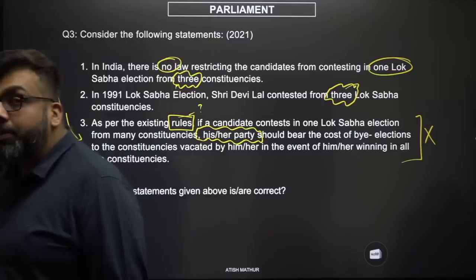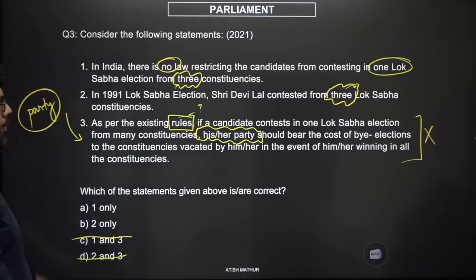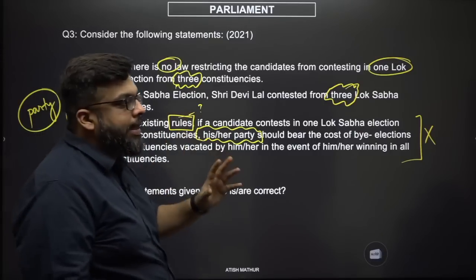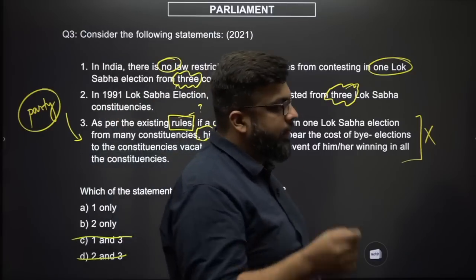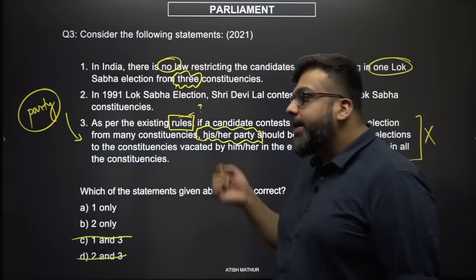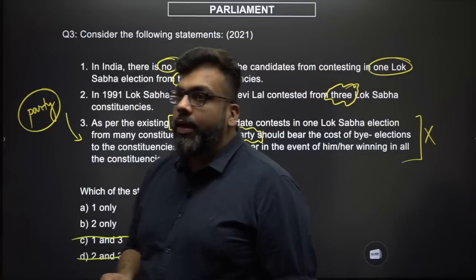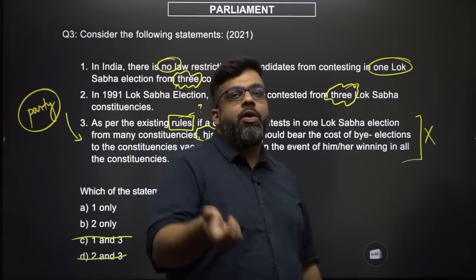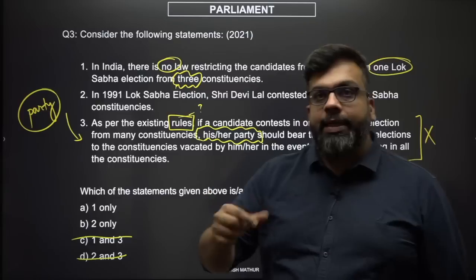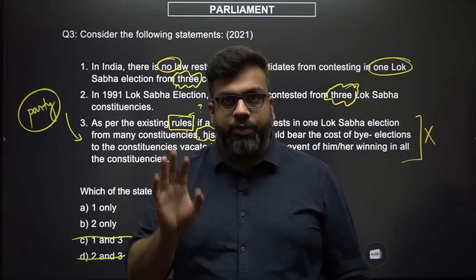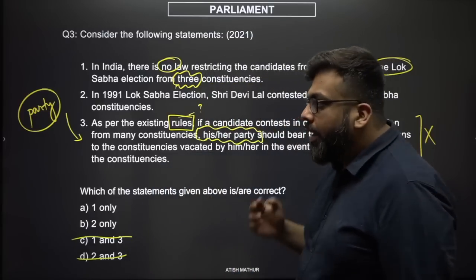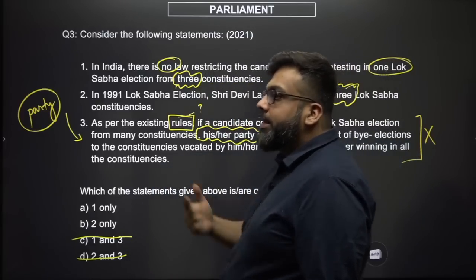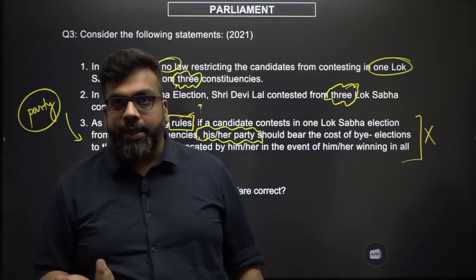Now they don't seem to be contradictory per se, but think about it. There are 2 problems here. First, how can there not be a law deciding the number of constituencies that a candidate should fight from? So that's one part. 2, think about the recent elections that have happened in the country.